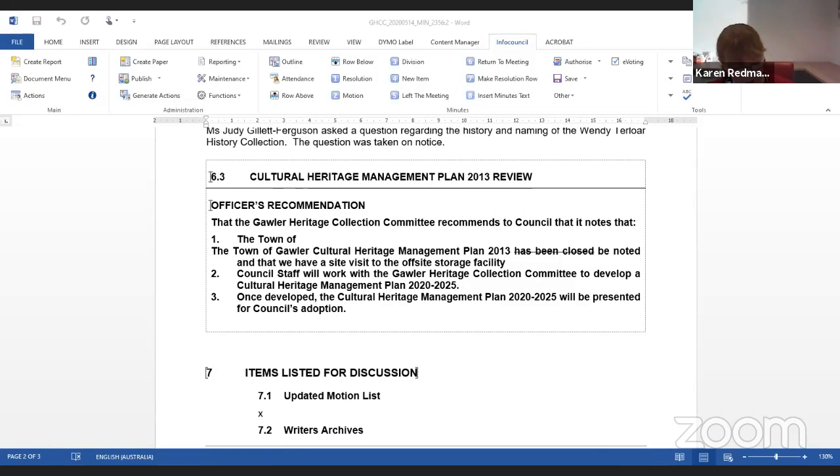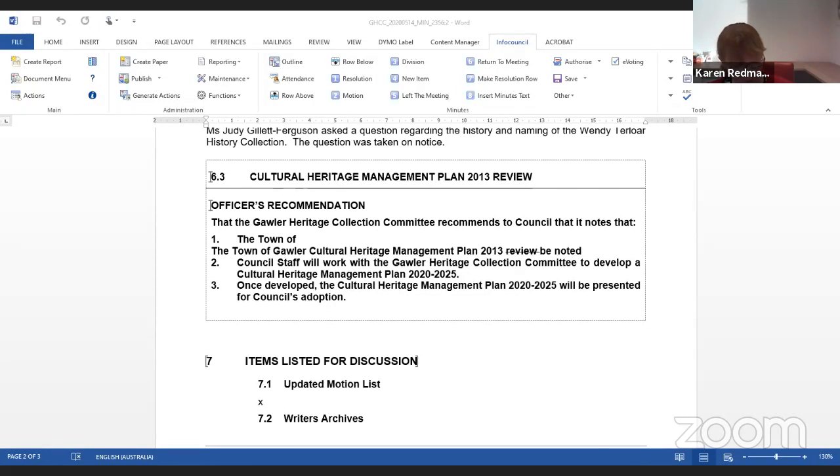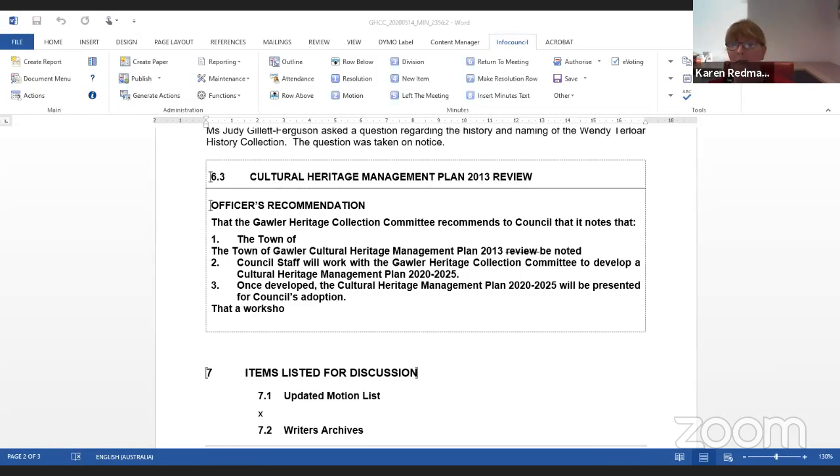Point 2 is unchanged. Given the discussion around a workshop, I think there should be a new point 3 that a workshop be, what's the term? Convened. Organised. Organised in the near future, specifically to develop the new cultural heritage management plan.